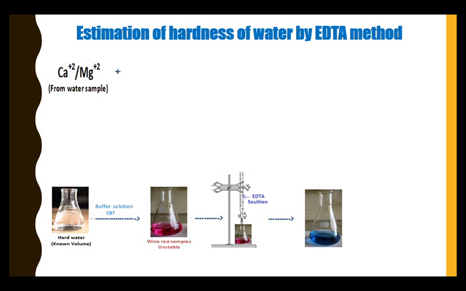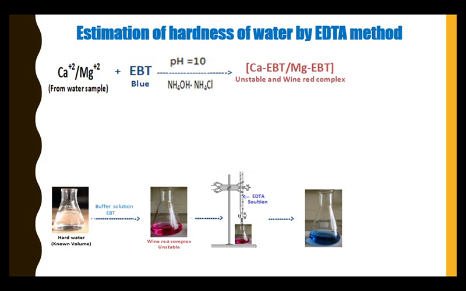This water sample is buffered to pH 10, which is done by using a buffer solution such as ammonium hydroxide and ammonium chloride, followed by 1 or 2 drops of EBT indicator. Then the solution turns to wine red color, which is due to the formation of calcium EBT or magnesium EBT complex, which is unstable in nature.